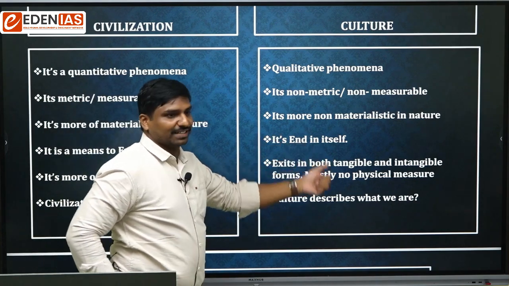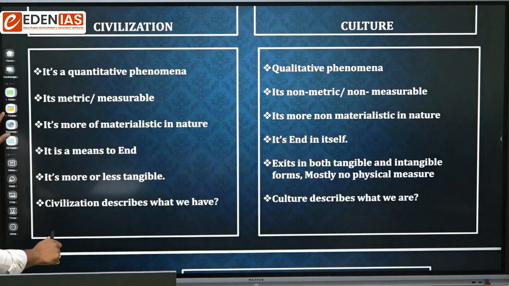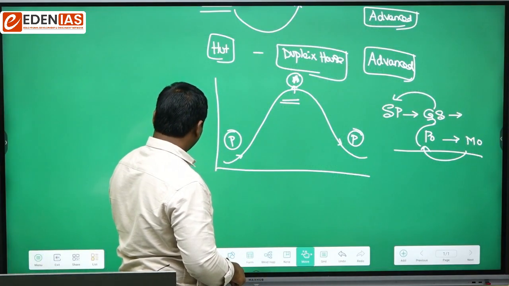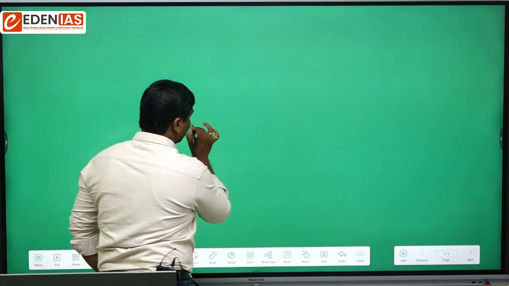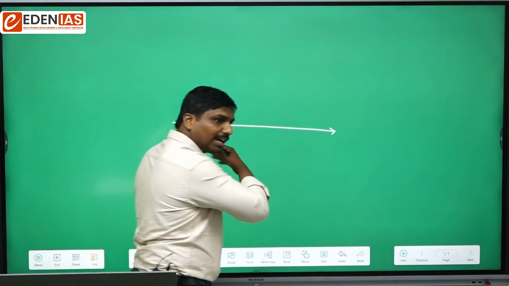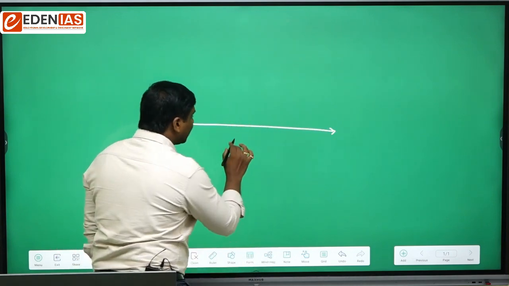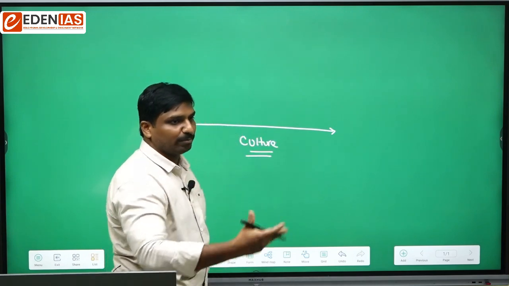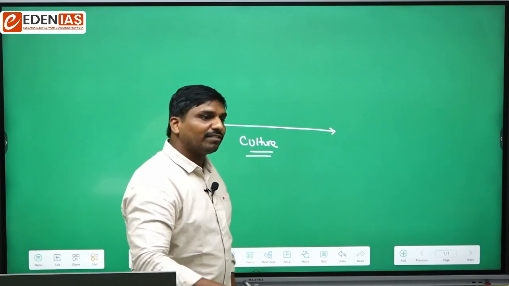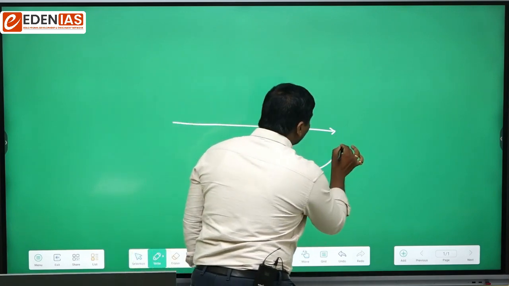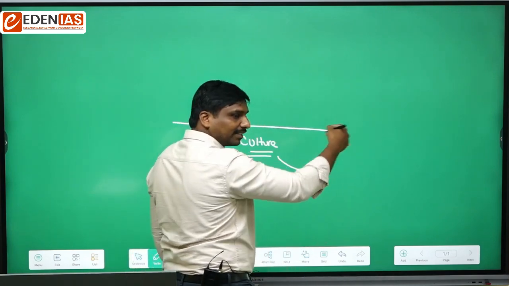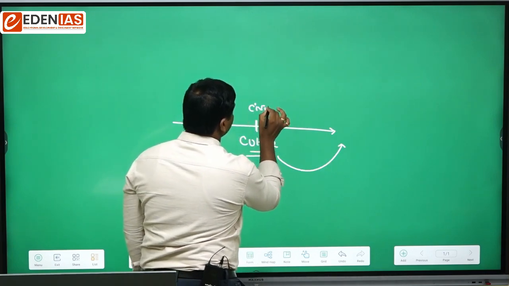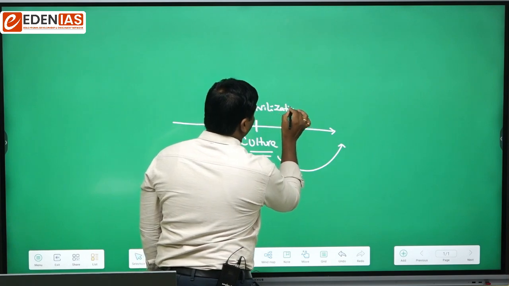Culture is an end in itself. So culture is an end in itself means culture progresses from one point to another point. Here we are saying that culture is the ultimate thing which we will be focusing on. End in itself means during the journey of culture we will get one thing called civilization.